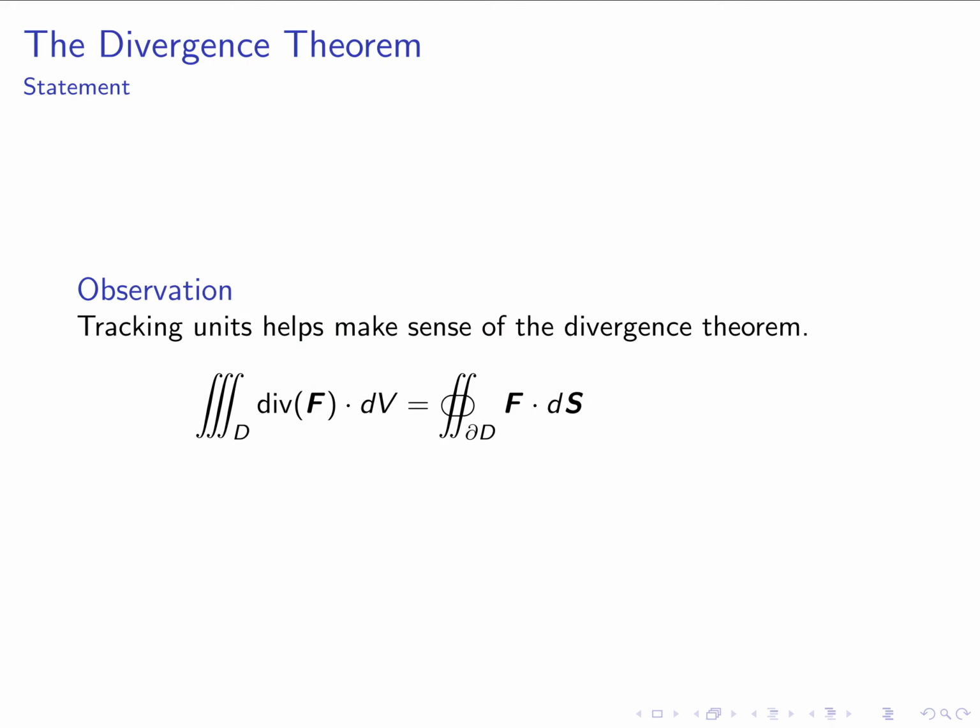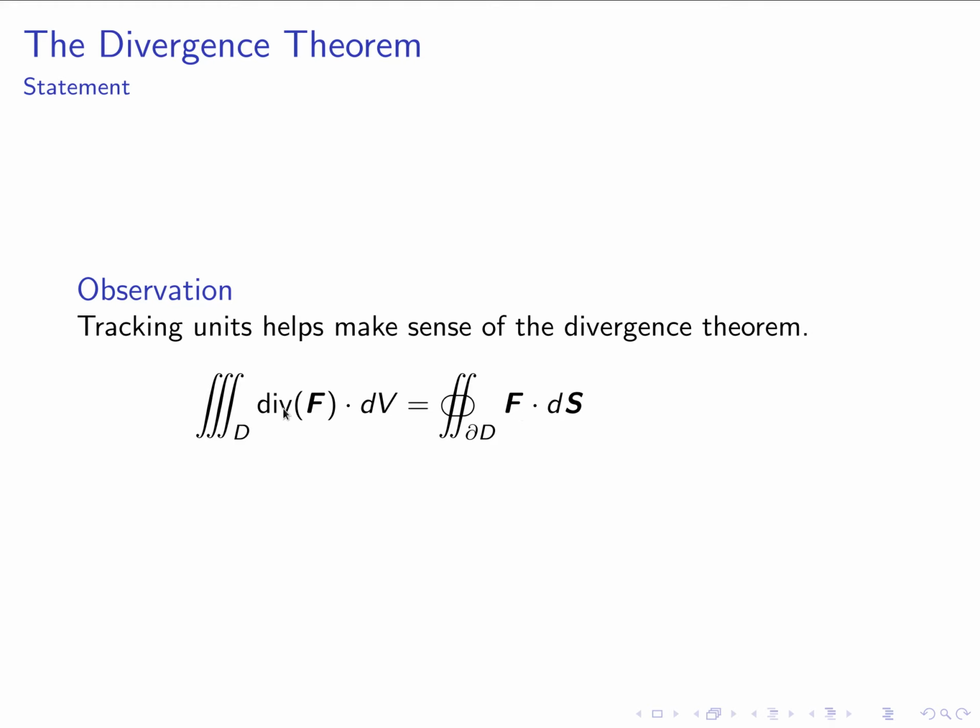As usual, I like to track the units to make sense of the statement. The divergence theorem states that the triple integral of the divergence over the domain is the same thing as the flux of the vector field over the boundary.